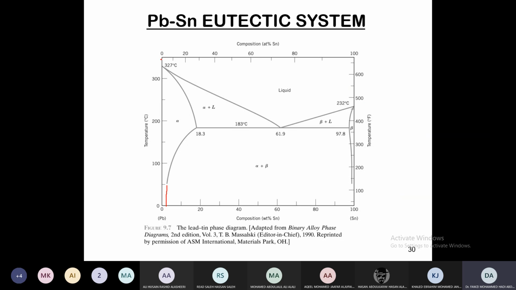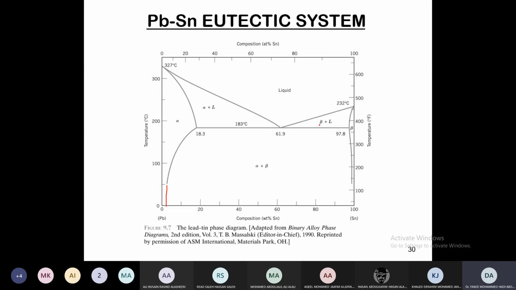So from 0 to 2, a certain microstructure is going to develop. From 2 to 18.3, another microstructure is going to develop. From 18.3 to 61.9, another microstructure is going to develop. At the eutectic point exactly, a specific microstructure is going to develop, and so on.